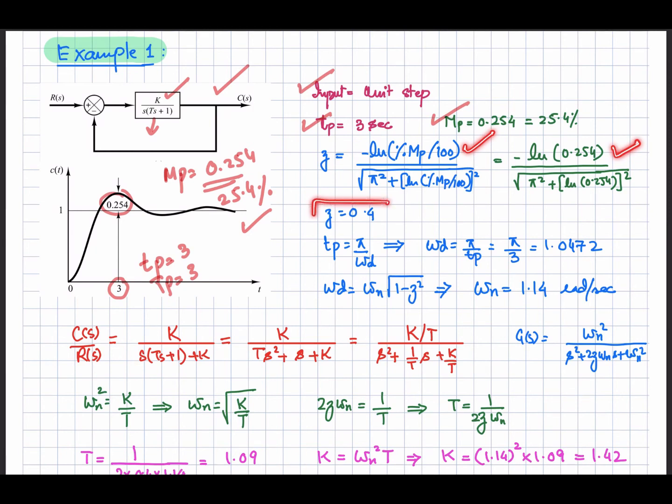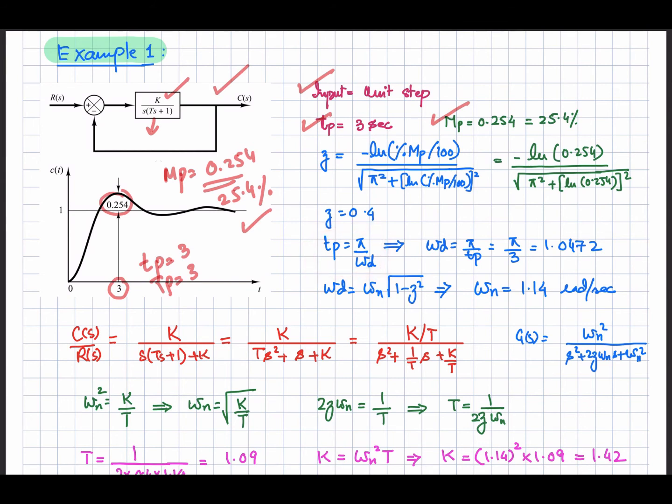So zeta will be equal to 0.4, the damping ratio. So our peak of 25.4% overshoot will occur at the time equal to 3 seconds. Now we can use the peak time expression, Tp equal to pi by omega d.